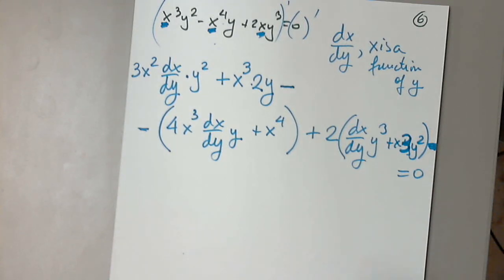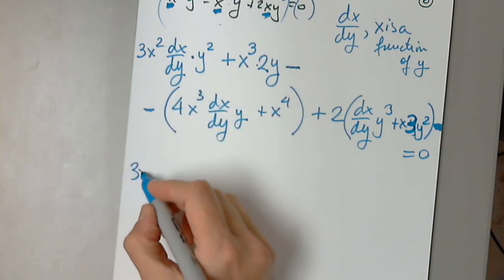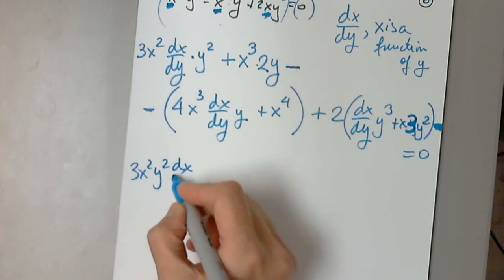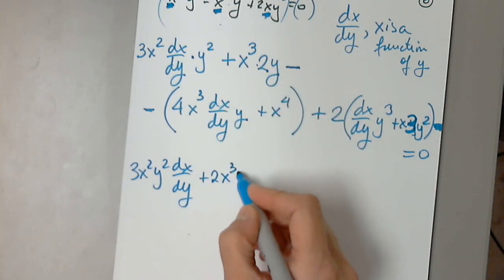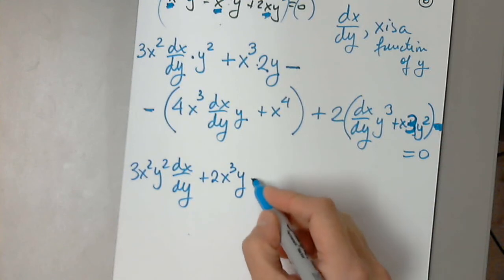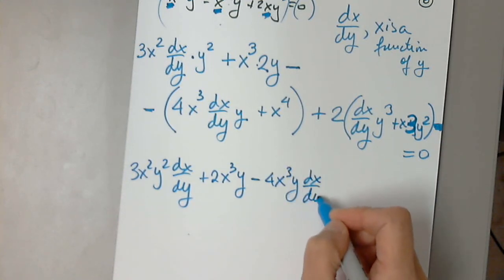So now I have to remove some parentheses here. I'm going to condense. So this I'm going to condense into 3x squared y squared dx over dy. This is positive 2x cubed y. This, careful, is minus 4x cubed y dx over dy.